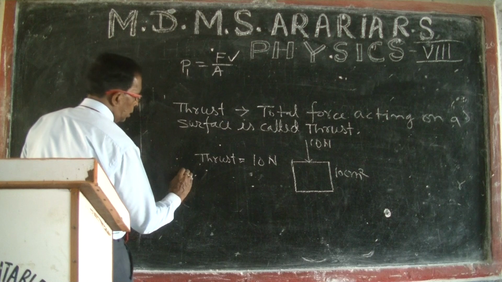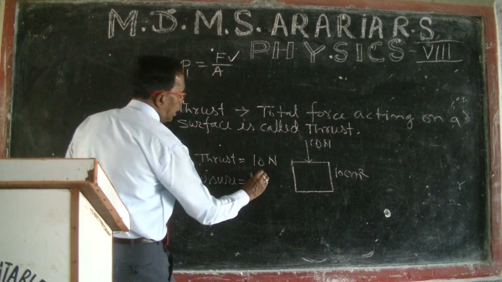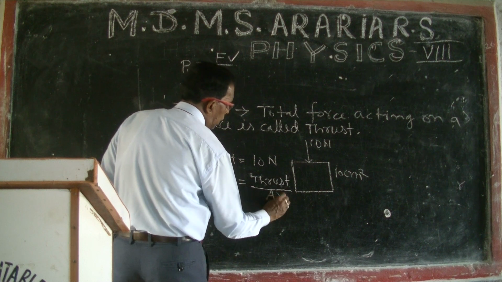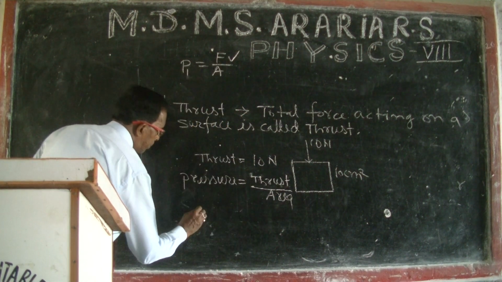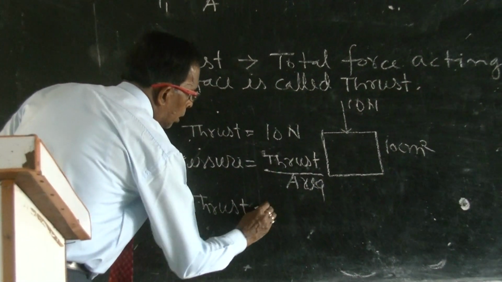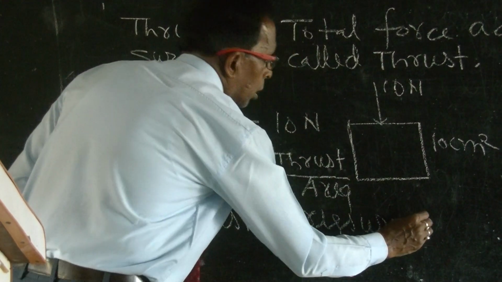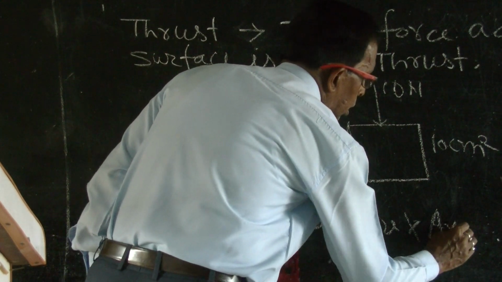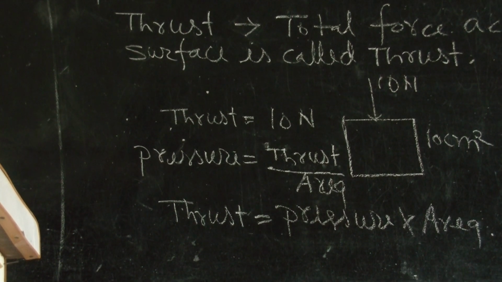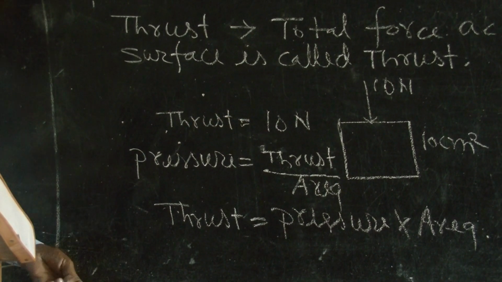And what is the relation between the pressure and thrust? Pressure is equal to thrust by area, or thrust is equal to pressure into area. This is the correlation between pressure and thrust. How?